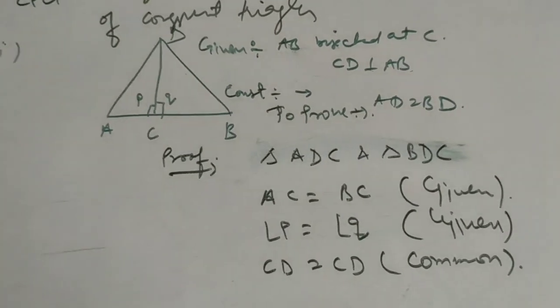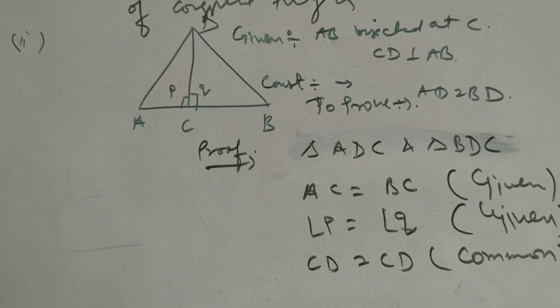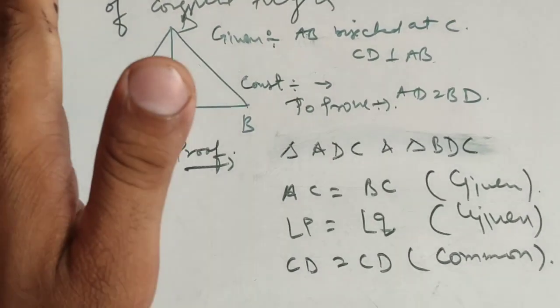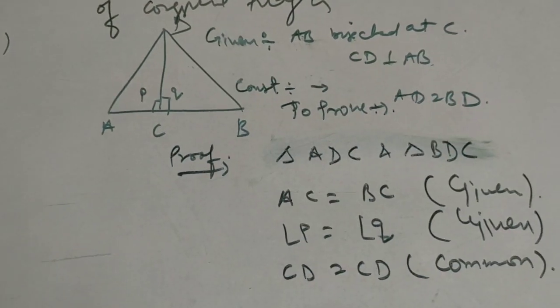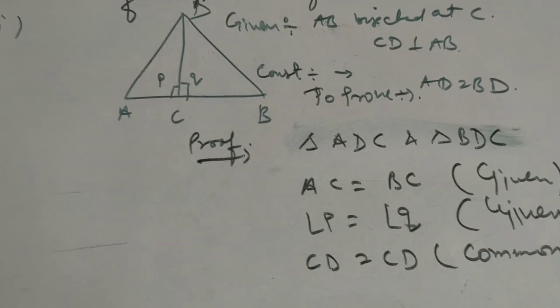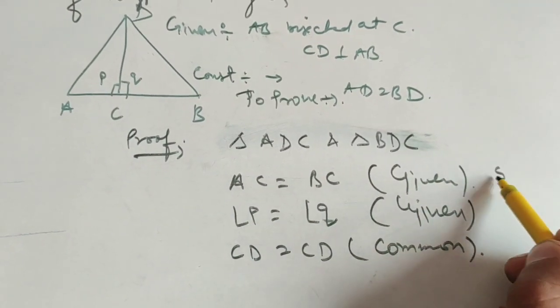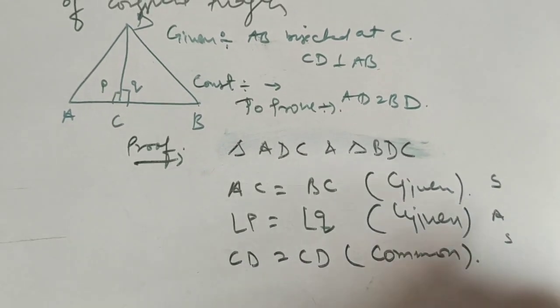CD is equal to CD because CD is common to both the triangles. CD is part of this triangle and CD is part of this triangle also. So the length of CD will be the same. So now what we have got is three things. One is the side, one is the angle, and the other one is the side.